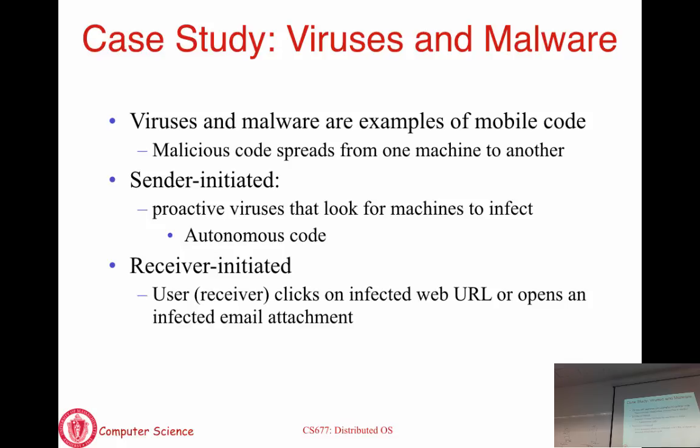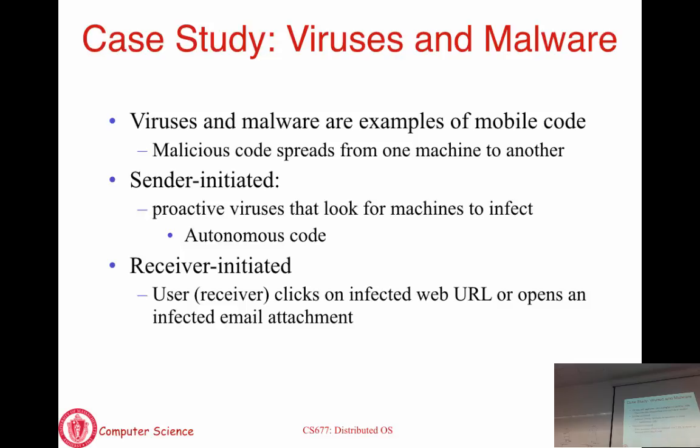So this is exactly how viruses and malware spread. They are examples of mobile code, not processes. That's code migration, not process migration, except that you are using backdoors or bugs within the machine to inject code into a new machine and execute it. And then it will either steal data or try to self-propagate to other machines and so on.